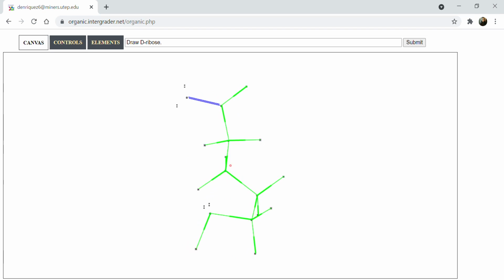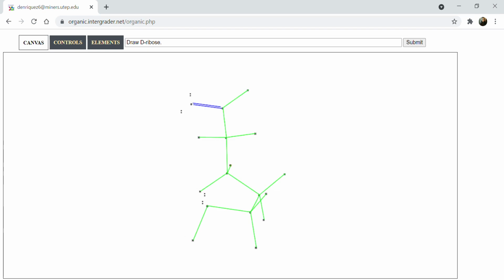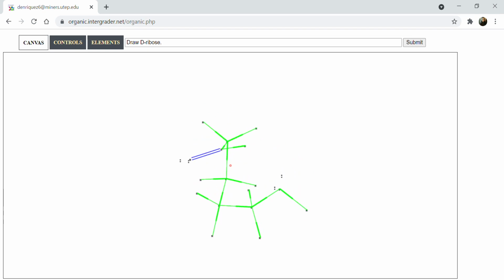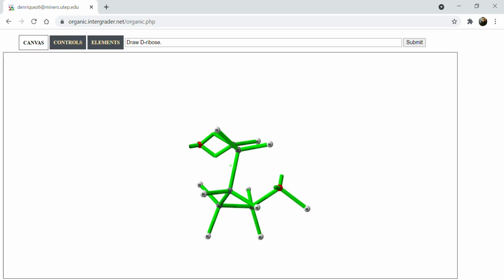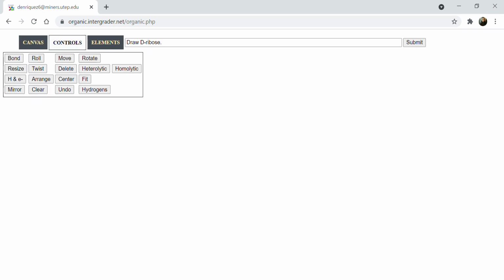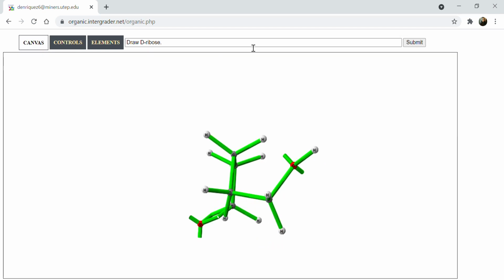So on these, I like to use the twist function. I've kind of gotten used to it a little bit, and it's been helpful to try to get everything in line. Sometimes it's a little difficult to use. Like right there, I can't.